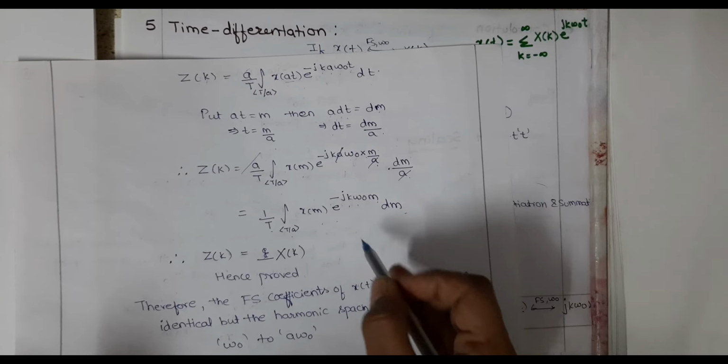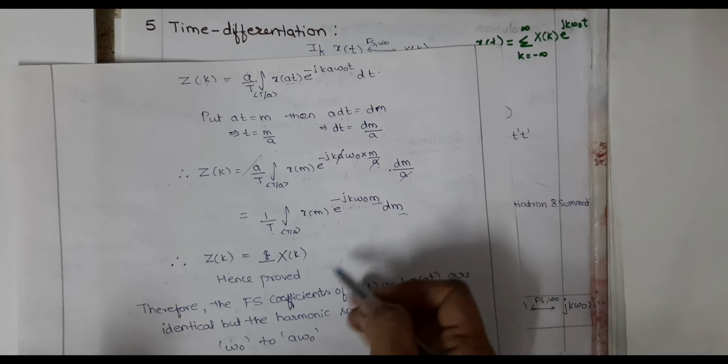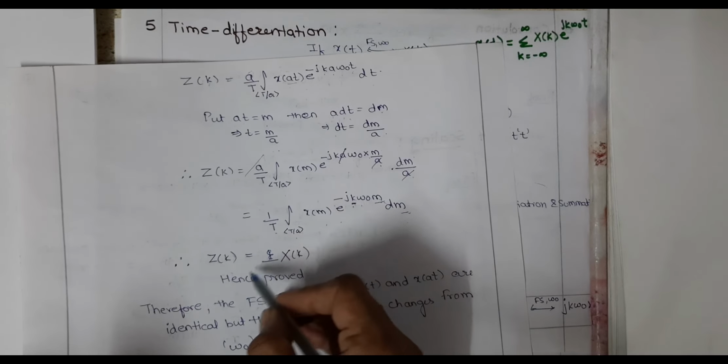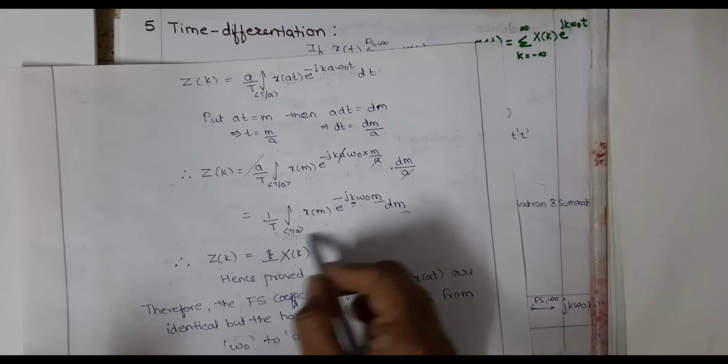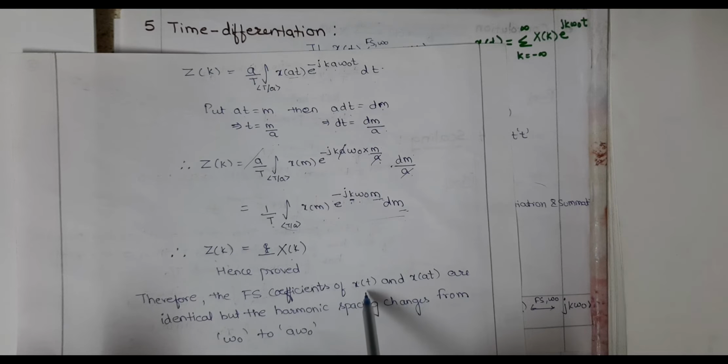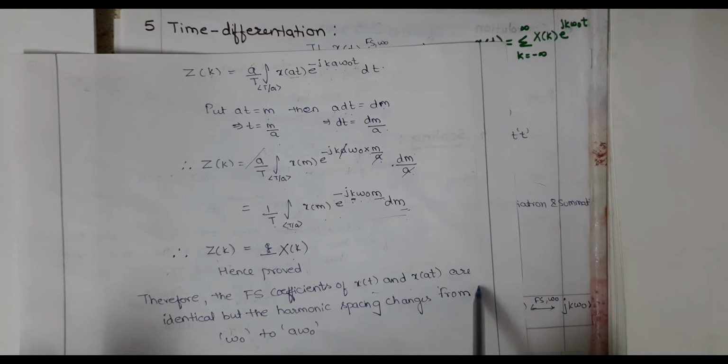So if you see here, this and this is the same term. Instead of this k, you have also k. Therefore, z of k is nothing but x of k. Therefore, here Fourier series coefficient of x of t and x of at are same.